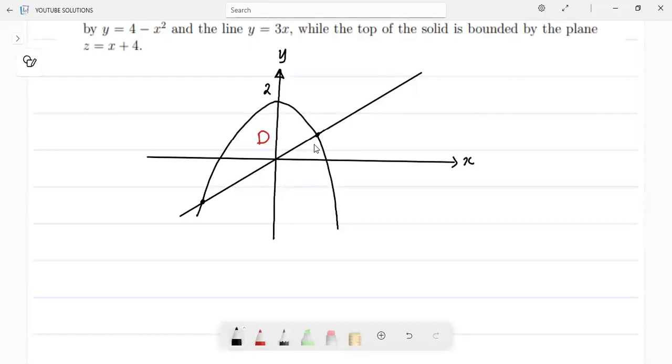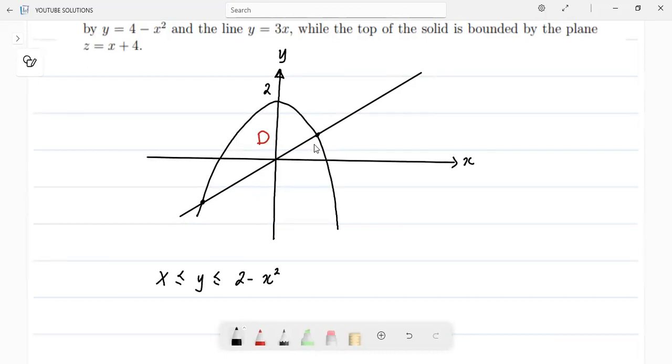So we need to get the value of x at this point and at that point, while y will go from the lower line to the curve. So y is from y equal to x to the curve, which is 2 minus x squared.